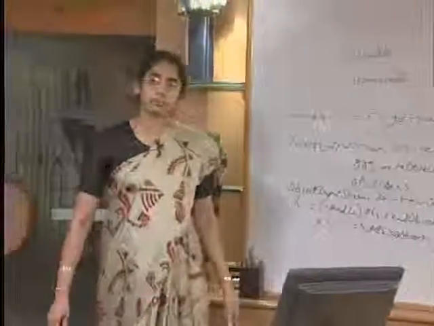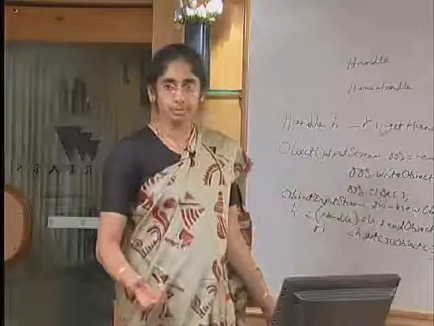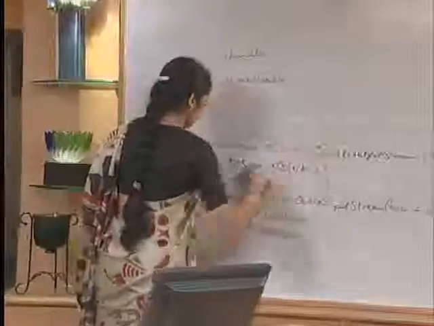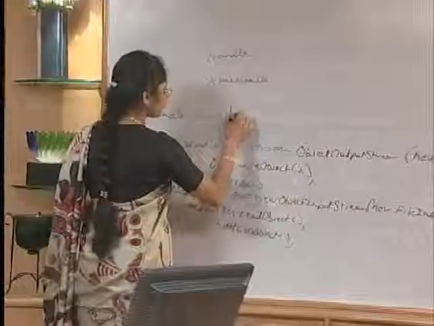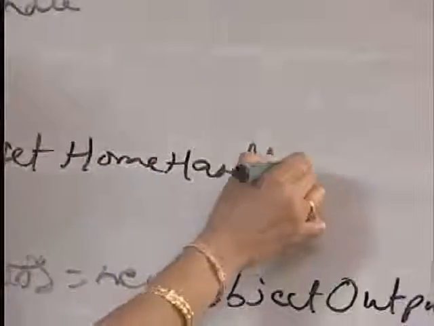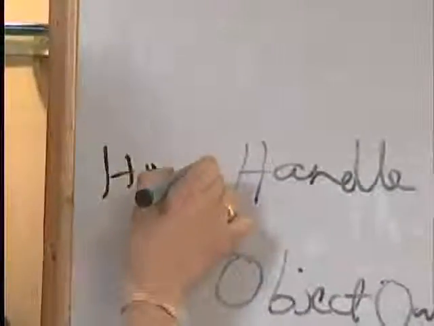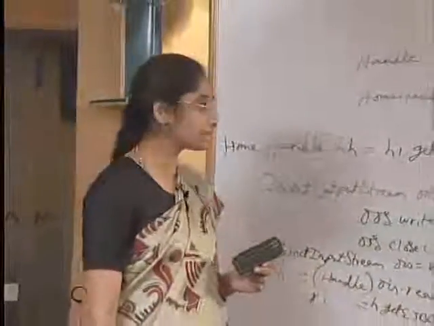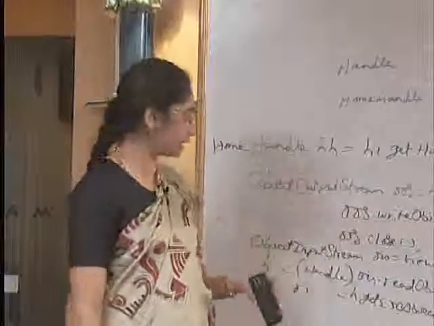If you want to do the same thing for the home object, then using the home interface reference, invoke the method getHomeHandle. This will return a HomeHandle object. Serialize the home handle object, which is a serializable object of the home object.